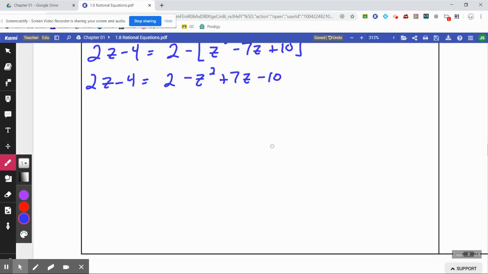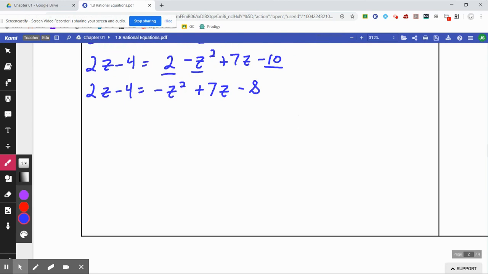Let's move everything to the same side, and here's how I decide which side to move it to. If I ever see a negative z squared, I always like to have my z squareds positive, so I'll move things wherever it takes to make it positive. Let's combine some like terms first to make this look better. 2z minus 4 equals negative z squared, a positive 7z, and 2 and minus 10 gives you negative 8.